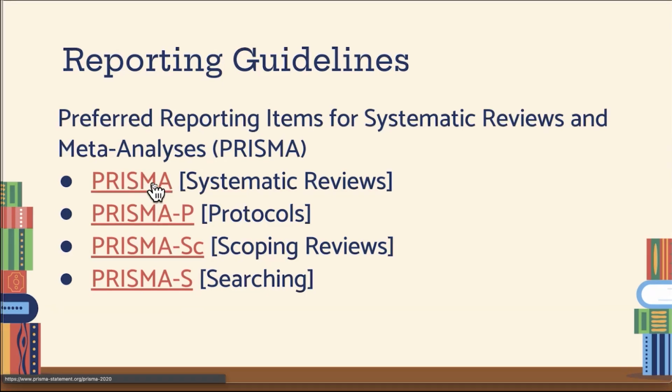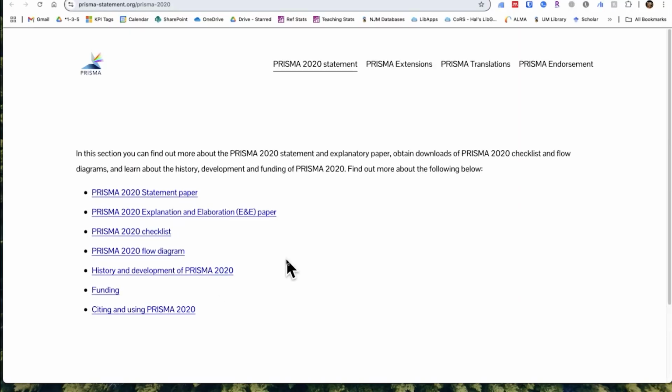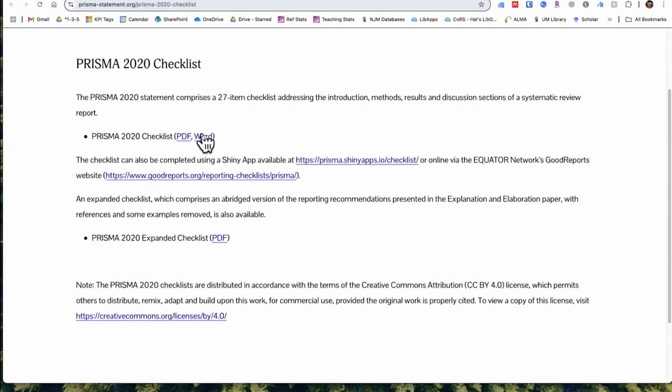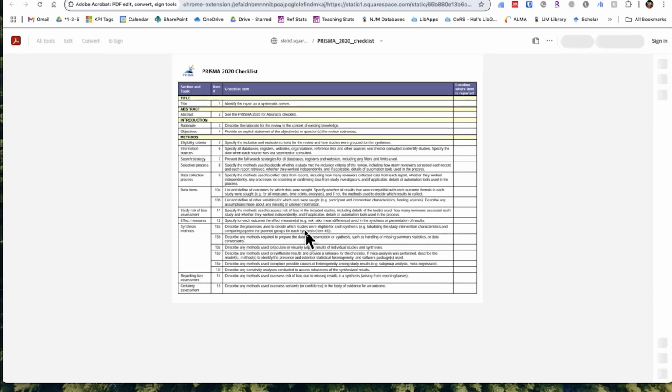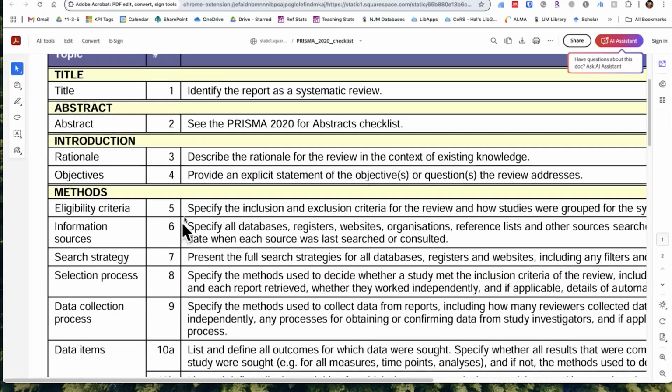So PRISMA comes with a whole checklist. Even though it doesn't tell you the methodology of how to do them, they can be really helpful to read in their entirety to guide you. If you look at the checklist, let me open it up here. You can see it will include all the things that you want to include when you're publishing and writing up your systematic review.